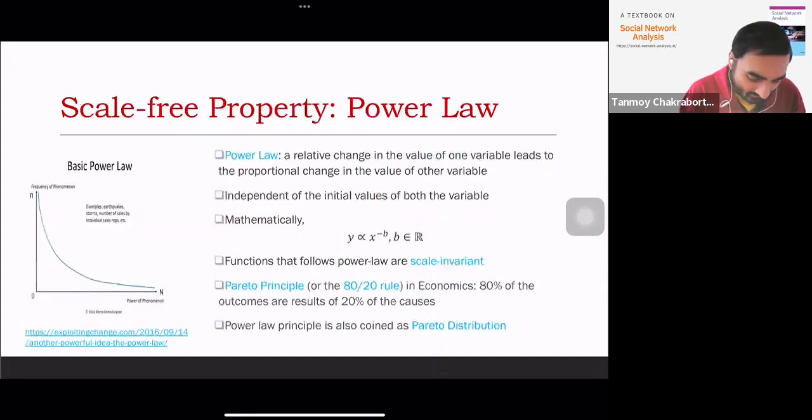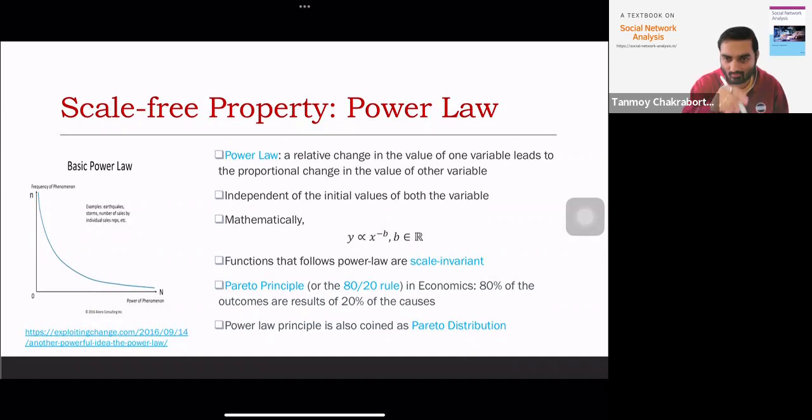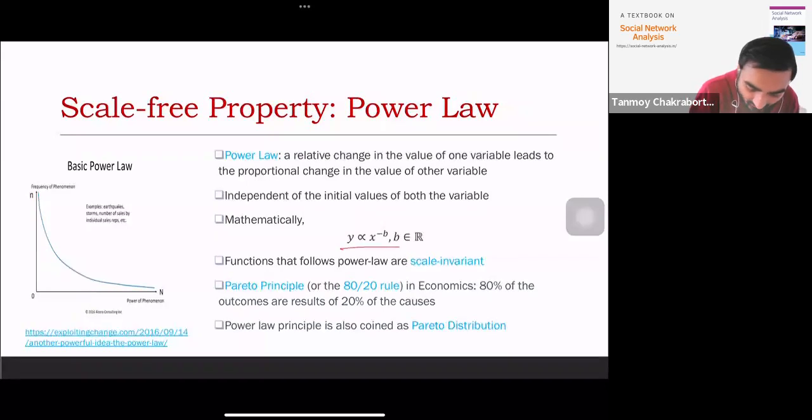Okay. Third property, the scale-free property, I have already discussed in the previous lectures. Basically, the scale-free property applies to the degree distribution, right? We have seen that the degree distribution in real-world graphs follows a power law kind of distribution, which basically looks like this: y is x to the power minus alpha, right?